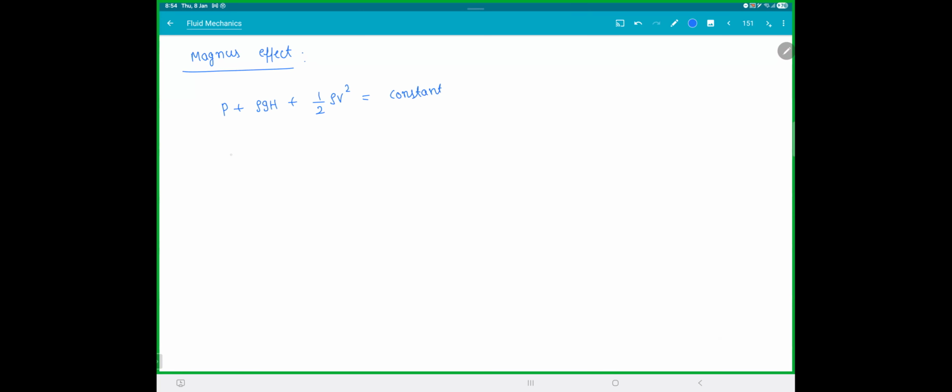Now, if you consider two points at the same height, then your equation becomes P plus half rho v square is equal to constant. So you can clearly see here, if your speed is more, the pressure actually decreases.